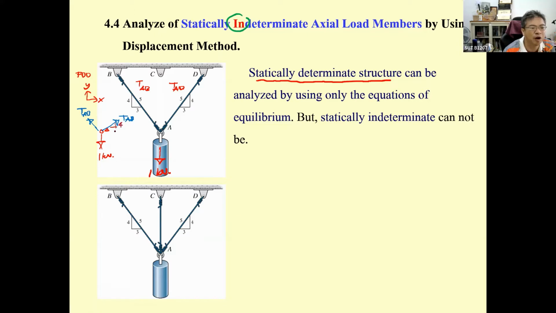This is 4, this is 3, this is 4, this is 3. So this is going to be the free body diagram. And then you use the equation of equilibrium.